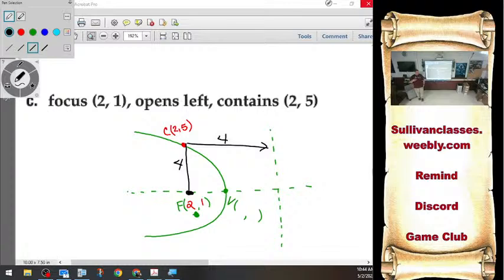X's move left and right. Y's move up and down. What is 4 to the right? (6, 5). I think we might need a song to remember. X's.